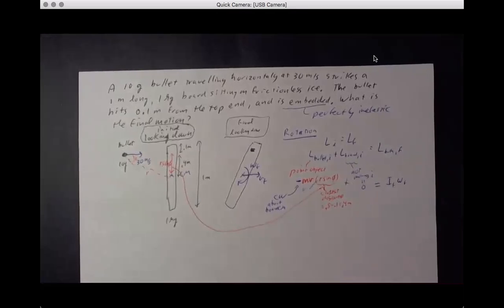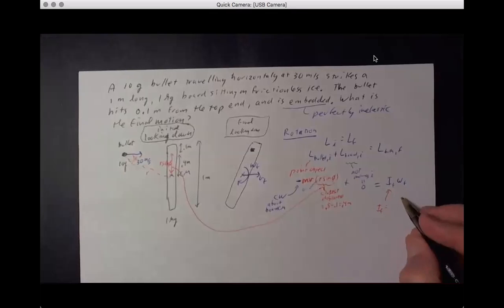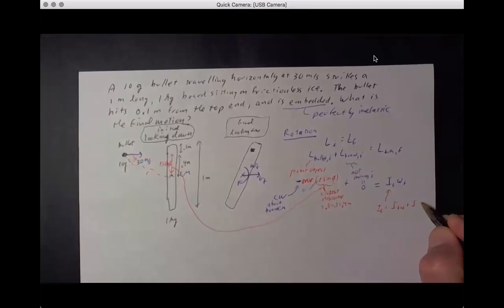Now we have to figure out what I is. I final is equal to I board plus I bullet, which is equal to 1/12 ml squared plus m d squared.